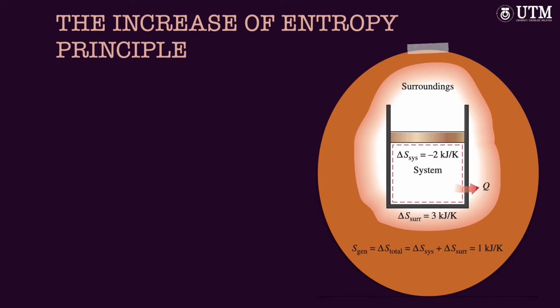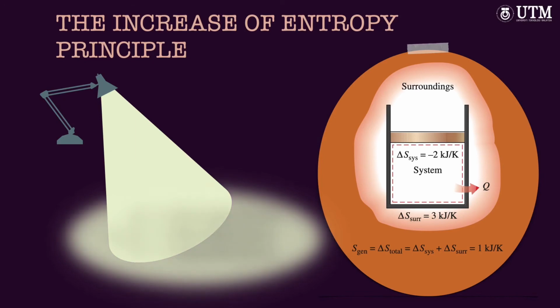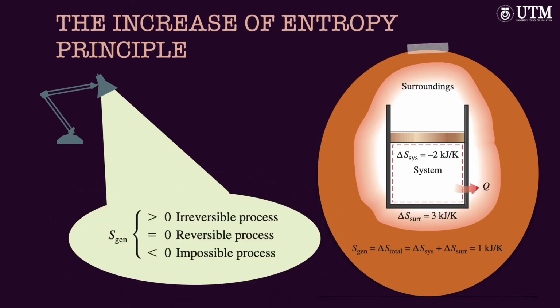The increase of entropy principle can be summarized as illustrated here. This relation serves as a criterion in determining whether a process is reversible, irreversible, or impossible.